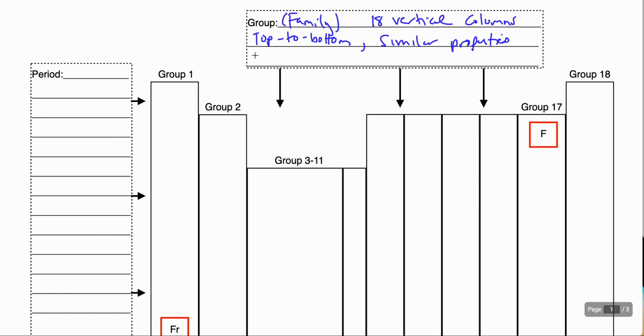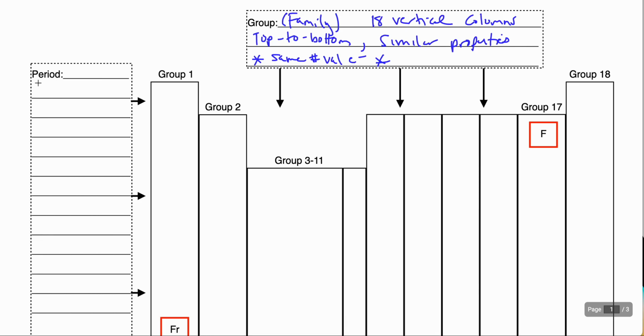One of the main reasons we say that they have similar properties is because they tend to have the same number of valence electrons, which makes them act in similar manners.